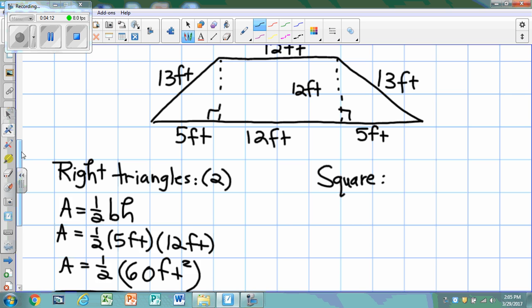We have to write a formula. What's the area formula? Area equals length times width or base times height. Here's the thing. The width and the height are exactly the same thing. So if you get yourself mixed up like that, you're not going to get the problem wrong. It's just that when we're talking about it, we're talking about length and width.